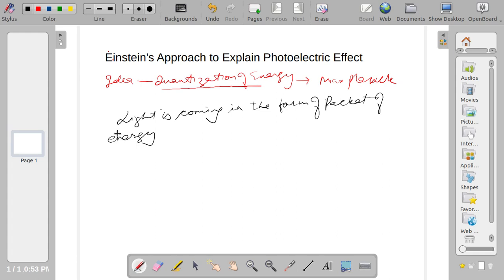Before Einstein, the wave nature of light was dominating, but here Einstein assumed that light is coming in the form of energy packets, and he called each packet a quanta or photon.